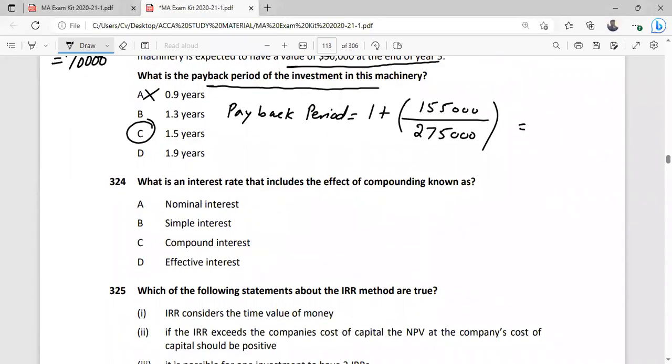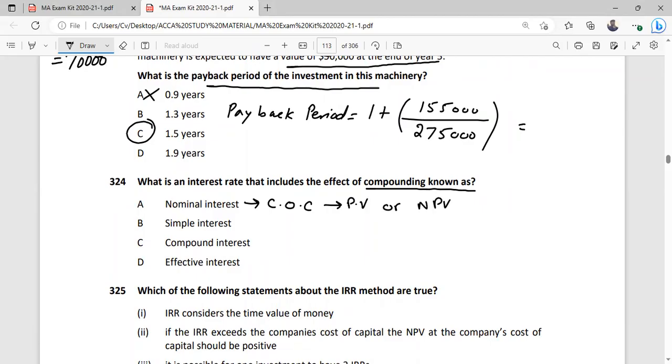Then what is an interest rate that includes the compounding known as? Nominal interest. Nominal interest is usually the cost of capital, which we use to calculate the present value or net present value.